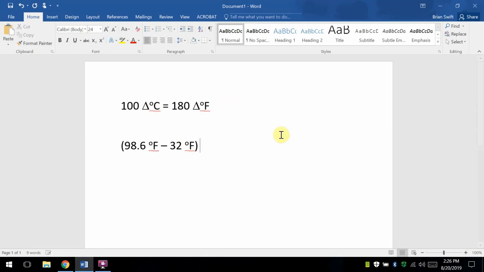So then we would multiply that by a unit conversion factor based on these temperature spans. The temperature span of 100 degrees Celsius is equal to a temperature span of 180 degrees Fahrenheit. But we've got Fahrenheit in the numerator here, so that's going to have to be in the denominator of the conversion factor.